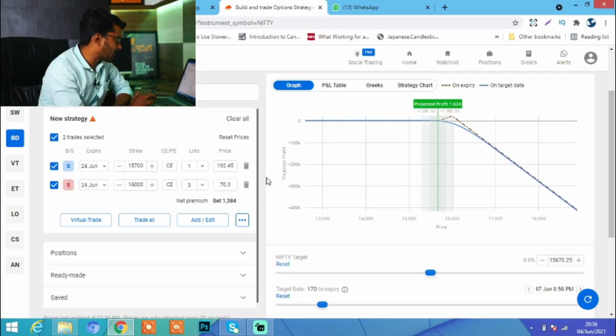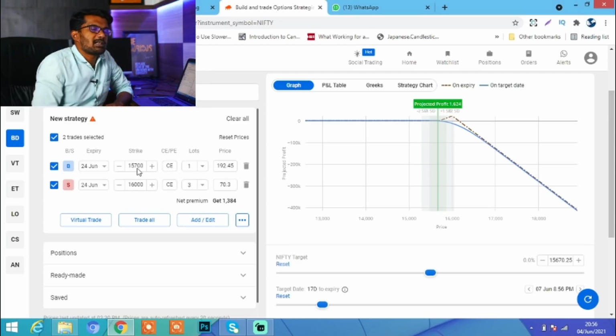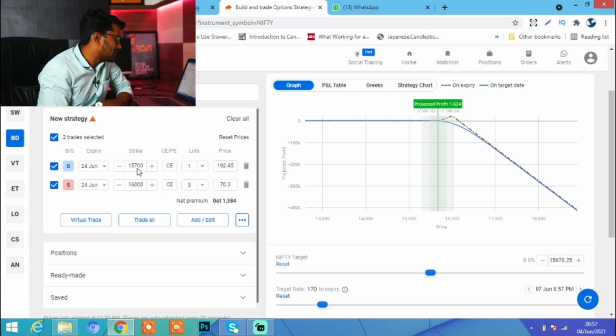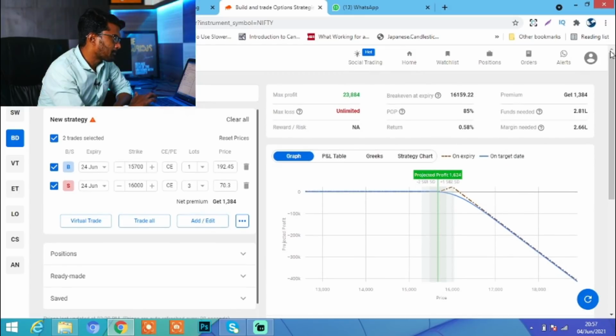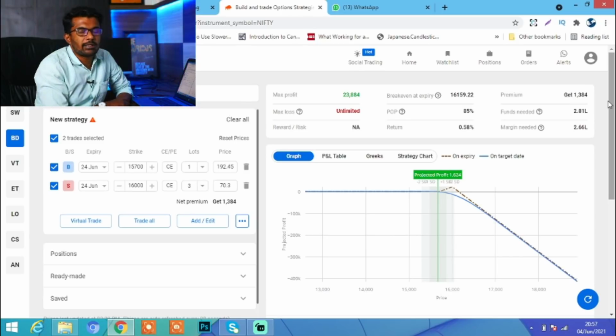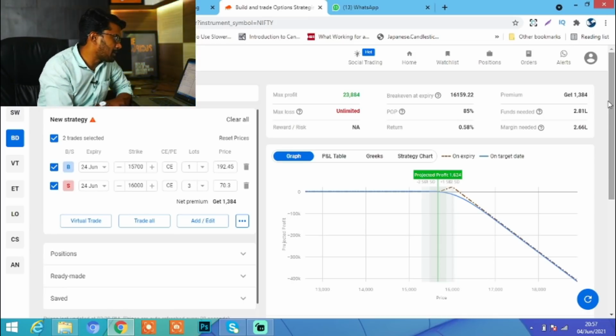I'll tell you again: 15,700 call you have bought for 192 rupees, and the 16,000 call, three lots, you have sold for 170 rupees, and you have collected a net premium of around 1,384. You don't have to worry if the market goes down. If the market breaches or tests our break even point, which is 16,159, you are going to be in trouble.